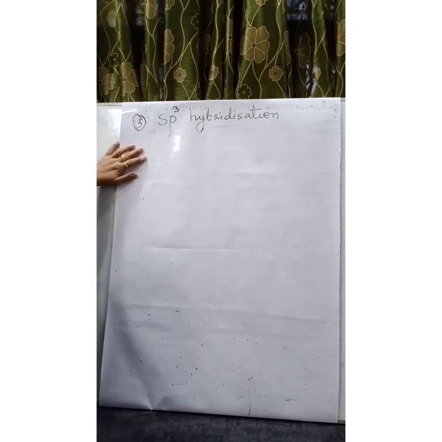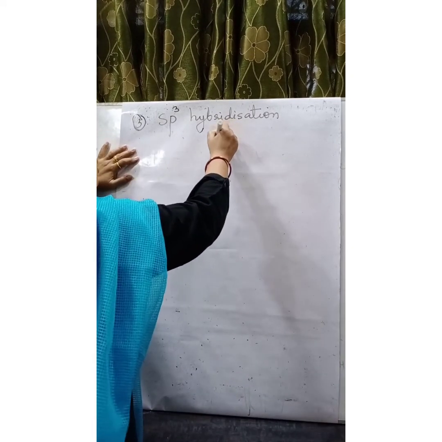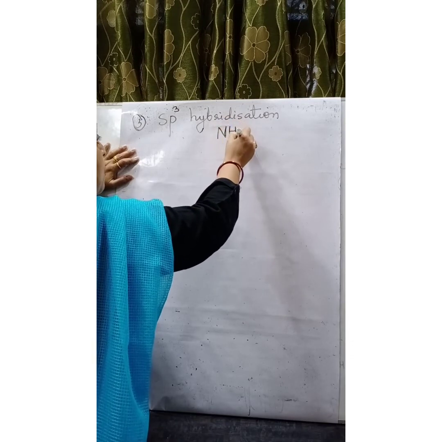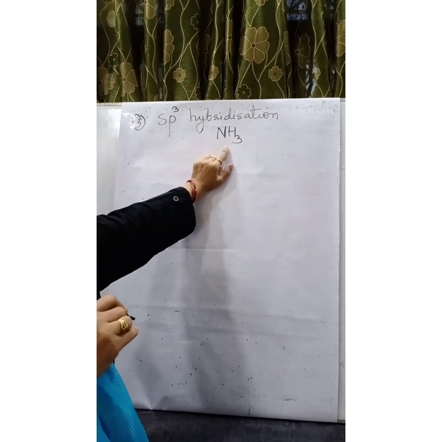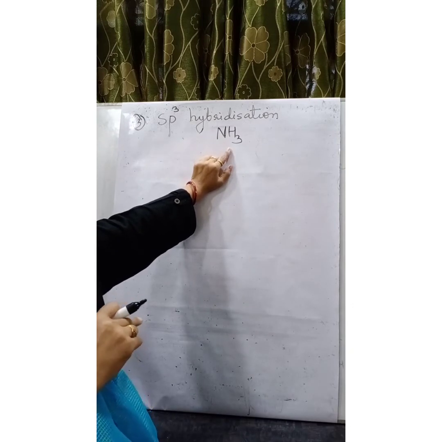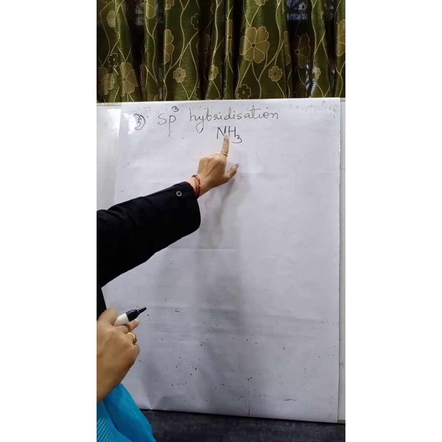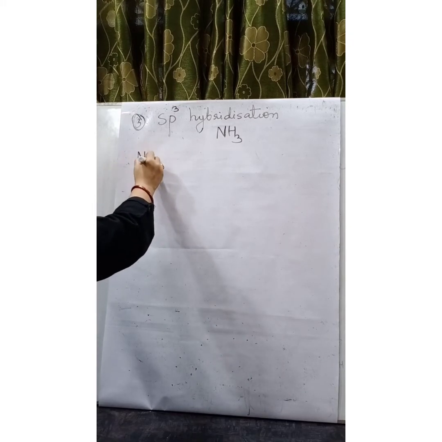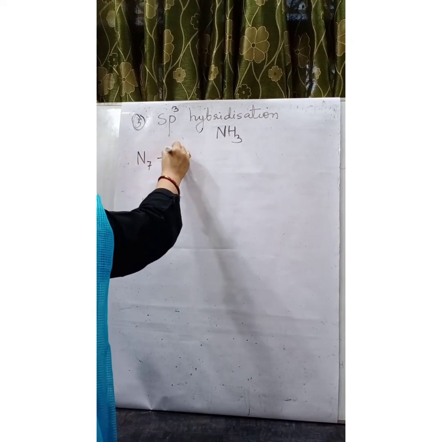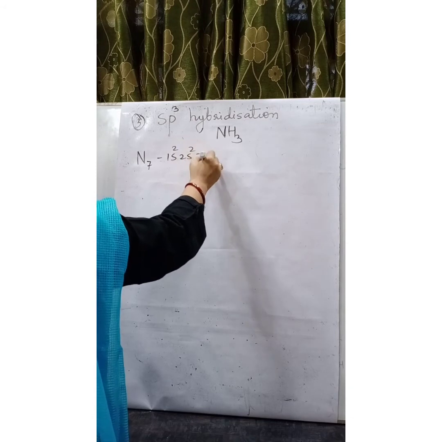Another example of sp3 hybridization is the ammonia molecule. But we notice that the ammonia molecule does not have tetrahedral geometry. The geometry of ammonia is distorted to a pyramidal structure. Let us see. Nitrogen atomic number is 7: 1s2, 2s2, 2p3.